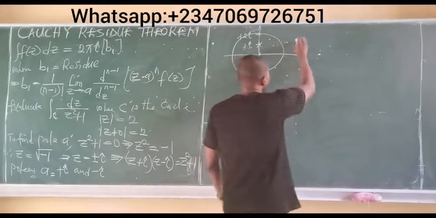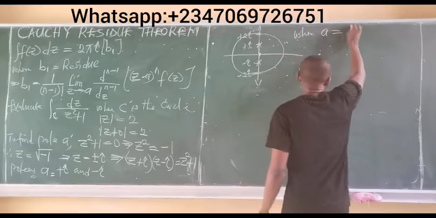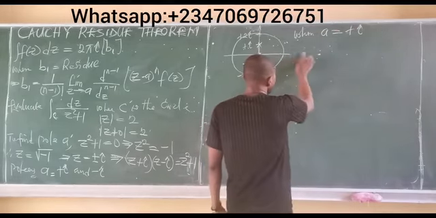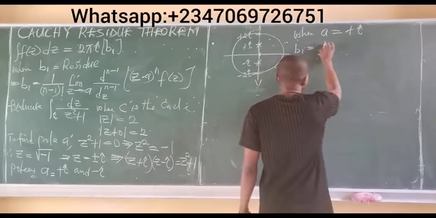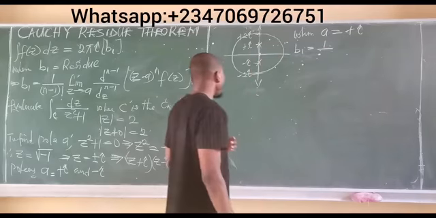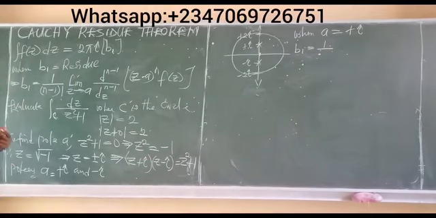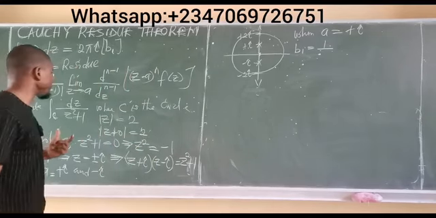So let's start with the positive. When a is equal to plus I, then you find your residue. B1 is simply equal to 1 all over n minus 1 factorial. What is now n? Let's rewrite the function.